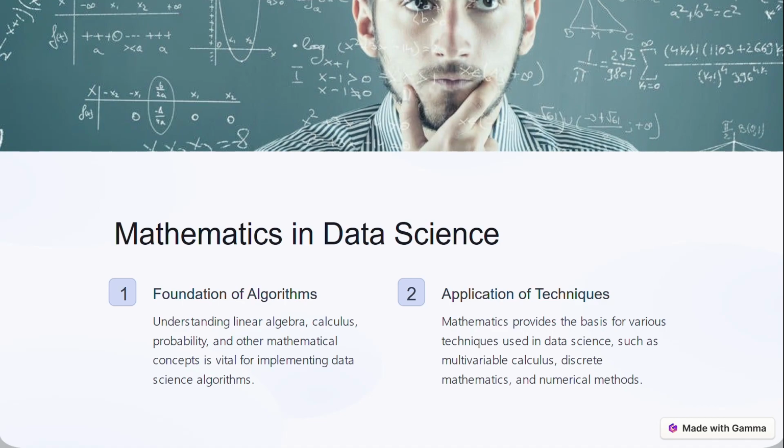So in data science, what you are going to learn is linear algebra, calculus, and yes, probability comes back, and other mathematical concepts like multivariate calculus, numerical analysis, and so on. Now, the application of techniques that you are going to see, such as discrete mathematics and numerical methods, as I said, you really need when you want to be called a data scientist, and it will really help you.